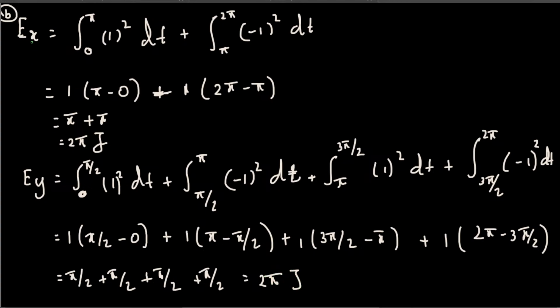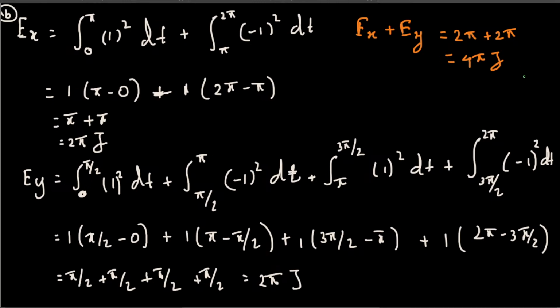So we are getting Ex equal to 2π joule, Ey also equal to 2π joule. So if we add Ex and Ey, what are we going to get? Ex plus Ey, that is basically 2π plus 2π, 4π joule. That's what we're supposed to get.